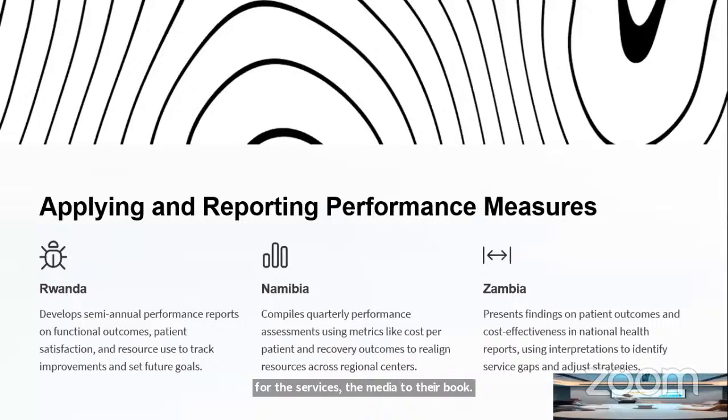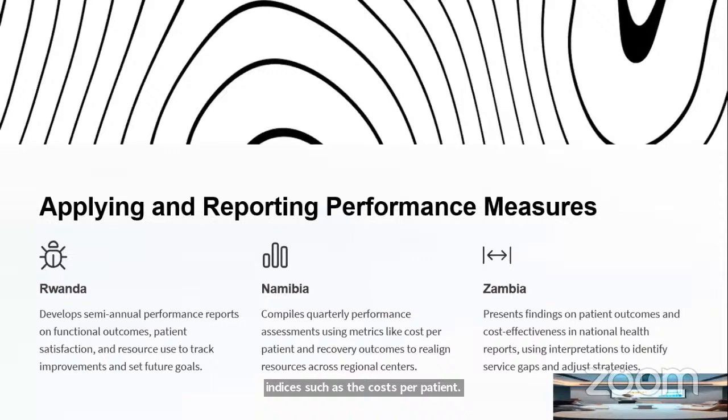And in Namibia, they also look at the performance assessment, which they compile quarterly, that's 4 times in a year. They use indices such as the cost per patient, right?